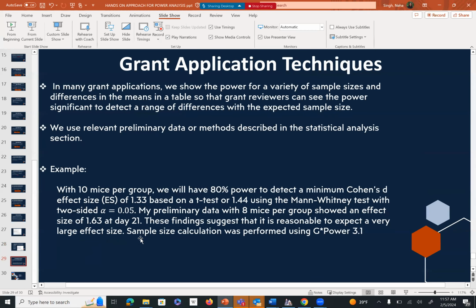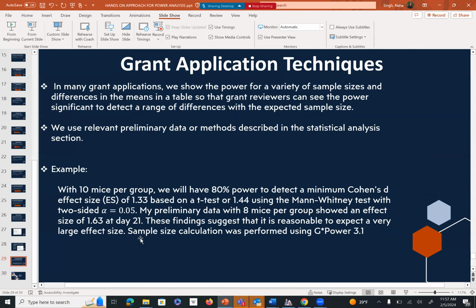All right, and then lastly, we show the power for a variety of sample sizes and differences in the means in the table so that grant reviewers can see the power to detect a range of differences.